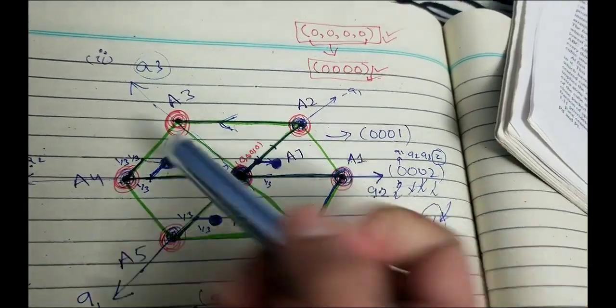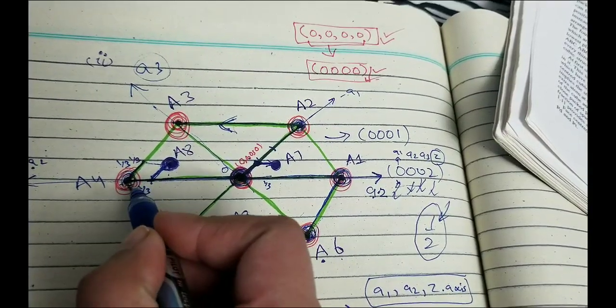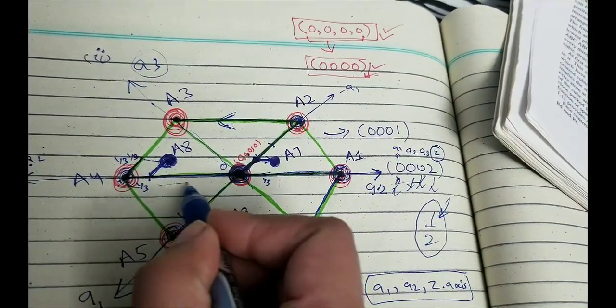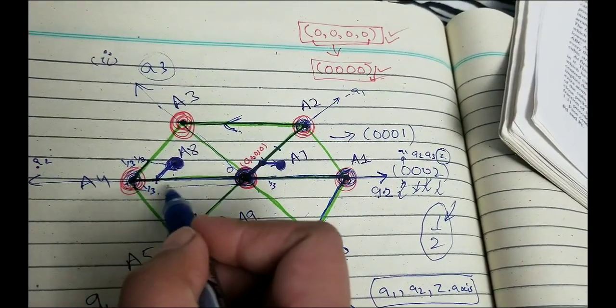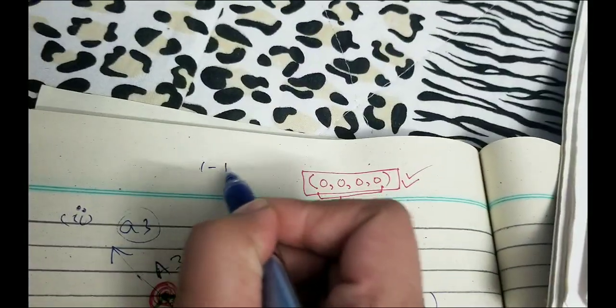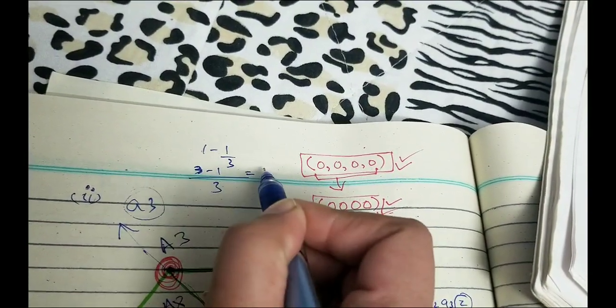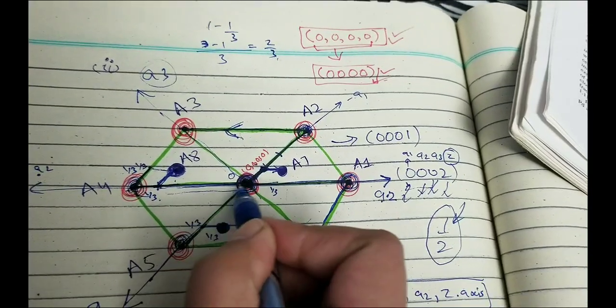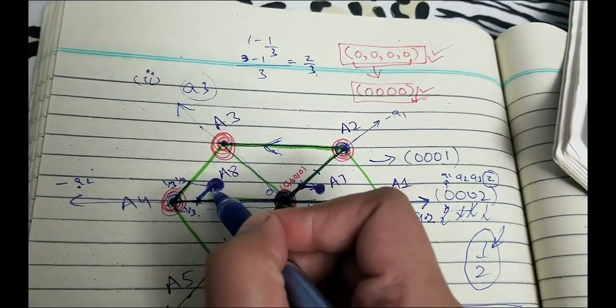What are these units? This length is 1/3, and this total length is 1. If we subtract 1/3, we will get this length. You can do it taking the LCM. It will give you 2/3. So this length is 2/3, and this length is 1/3, as we already know.